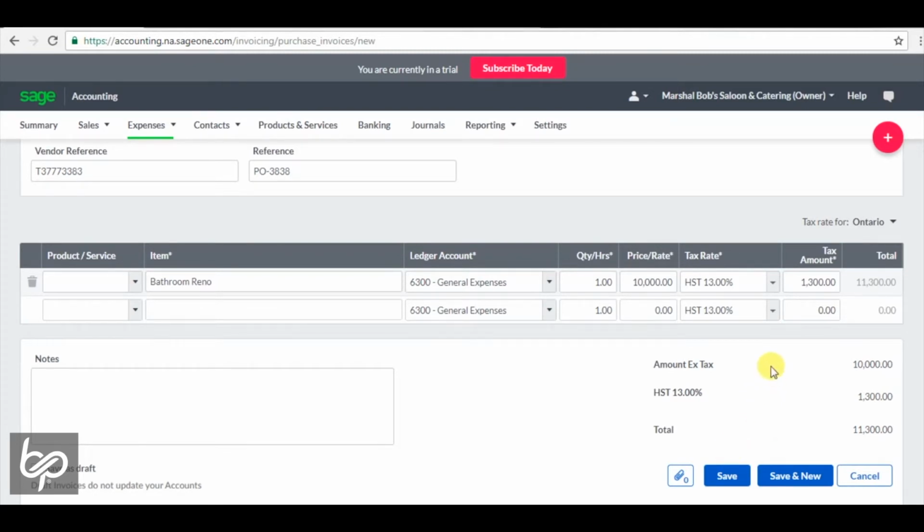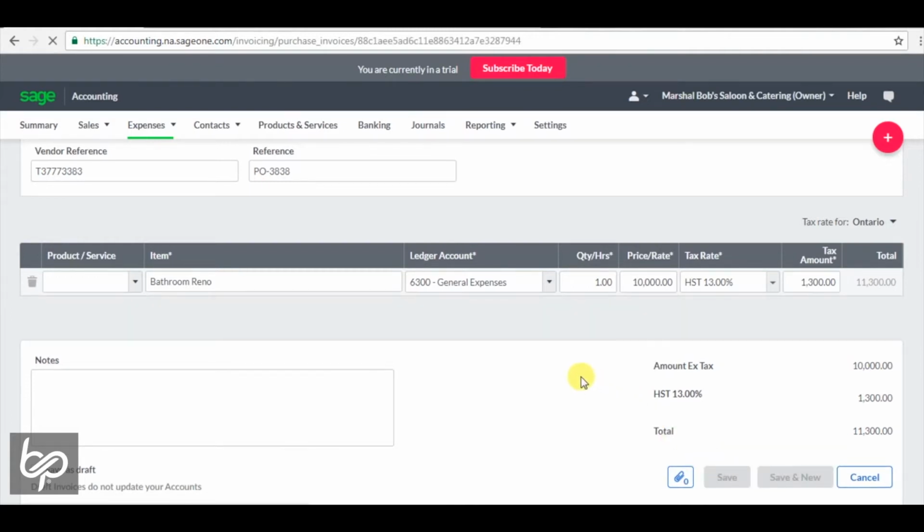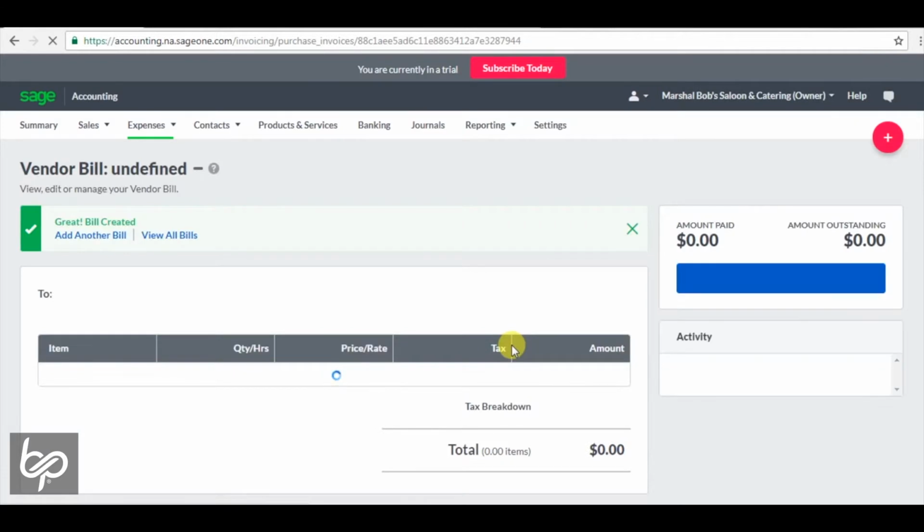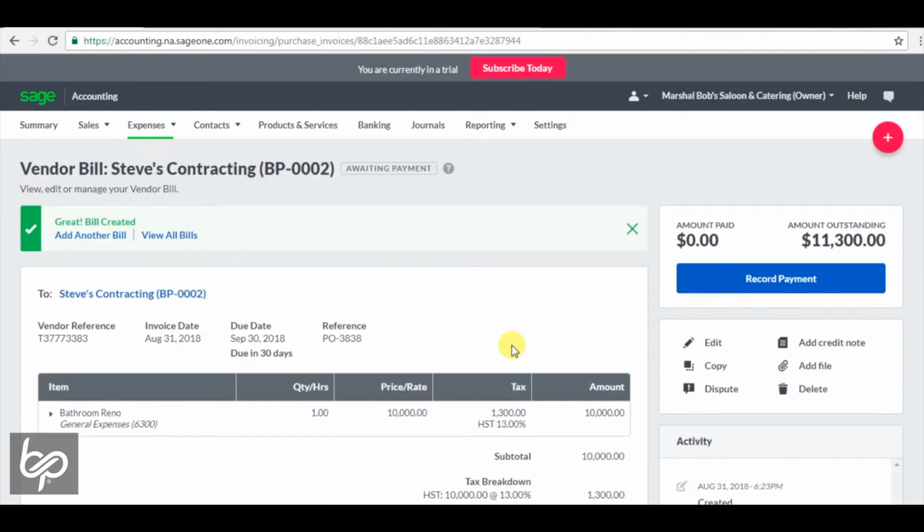Now they're chasing to try and save, because they were about $3,000 different, they're chasing to try and save $7,000 somewhere else. And so we're just going to save that so that we have that invoice. That invoice right now has been totally allocated towards the building department.